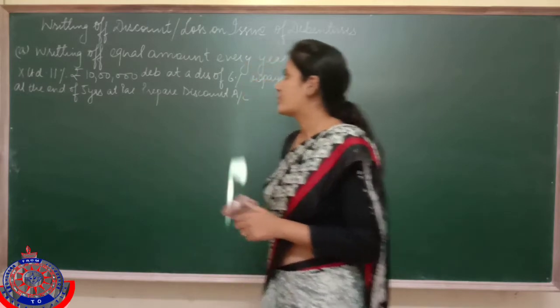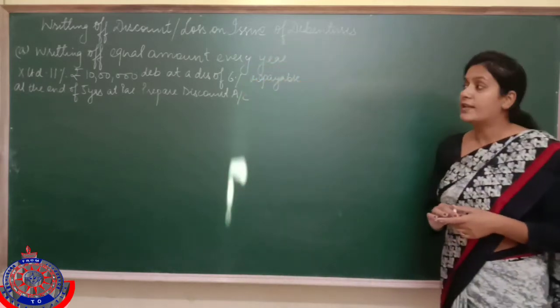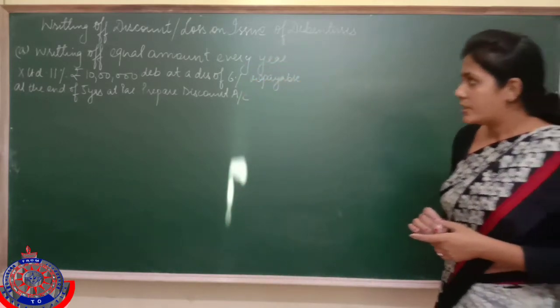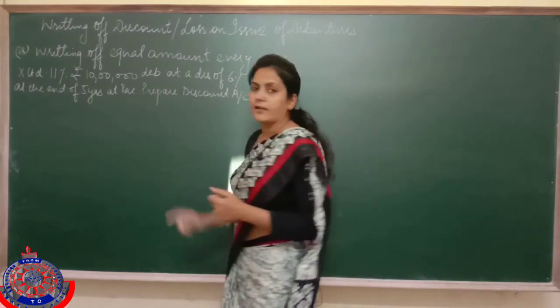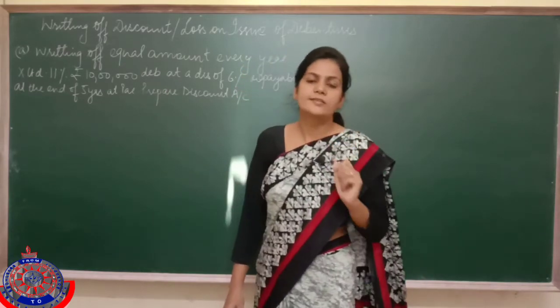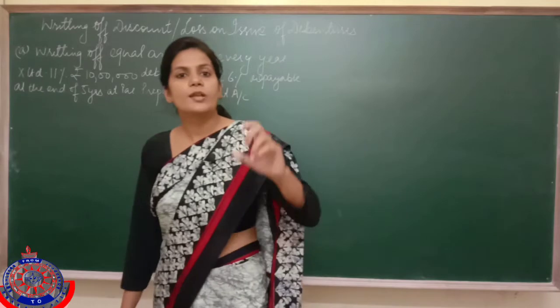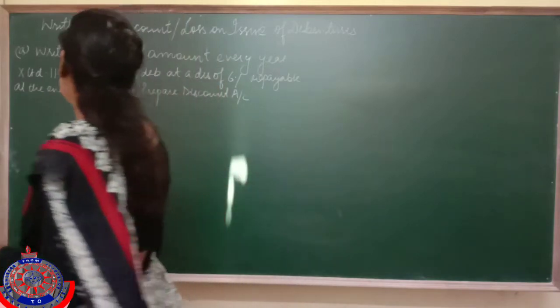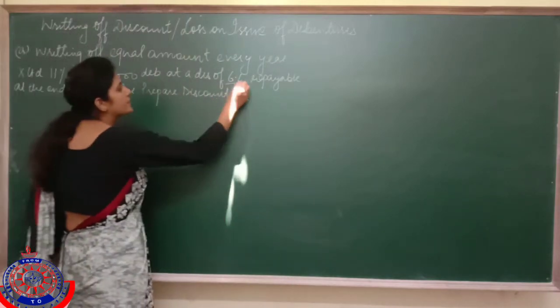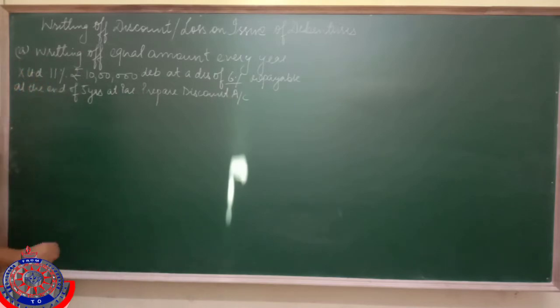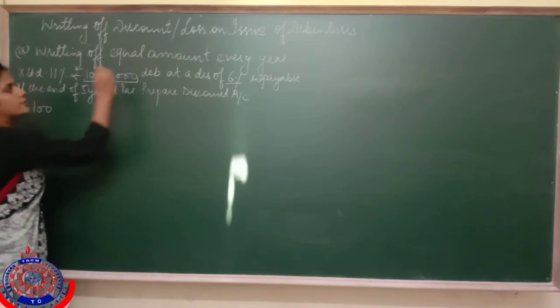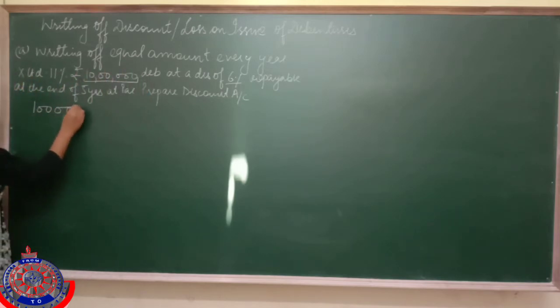Fine. Read the question. X Limited issued 11% debentures worth rupees 10 lakh. Now here the cost of debenture is given to us, that we have issued debentures of rupees 10 lakh at 6% discount. So it means that the value of one debenture is rupees 100. So if I have issued debentures of rupees 10 lakh, then how many debentures have I issued?